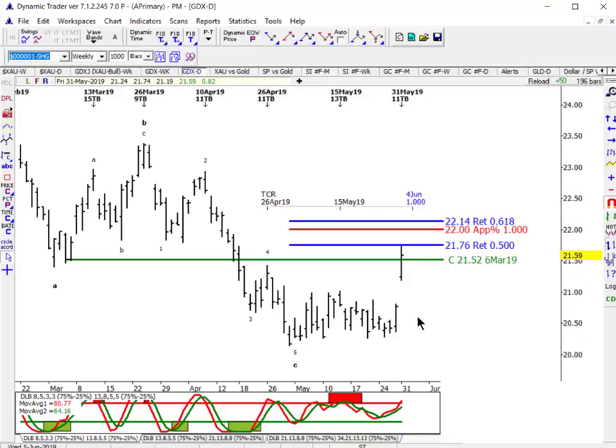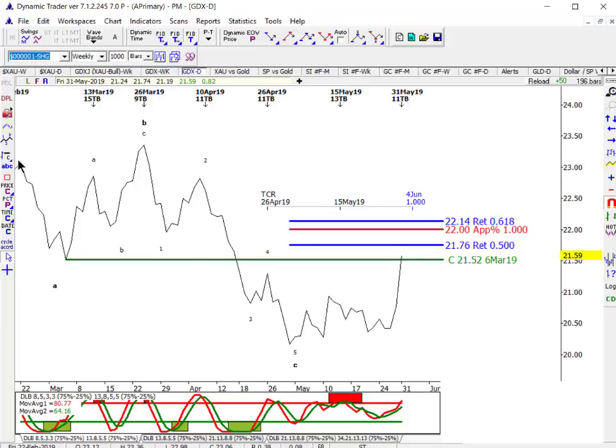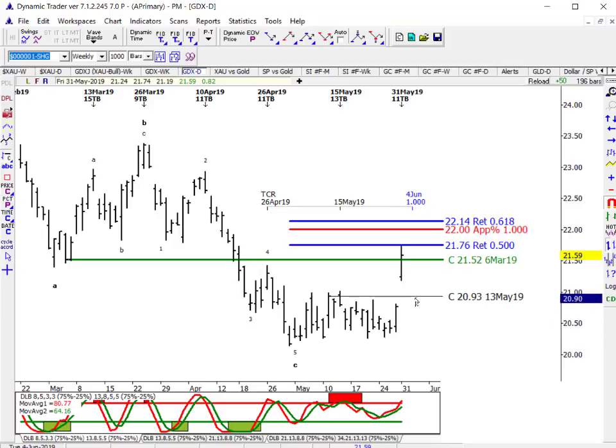So let's take a look at where we're at now. What should the GDX not do if the higher time frame trend is bullish? Again, we're basically going to look at the same thing we just looked at. I'm going to hit the close only key. I'm going to draw a little line across there.